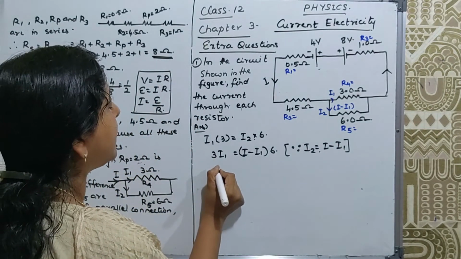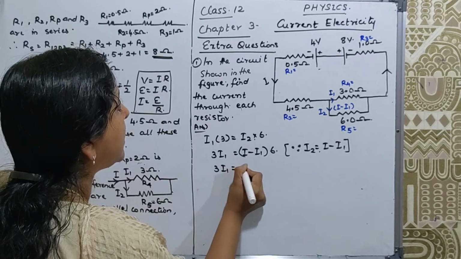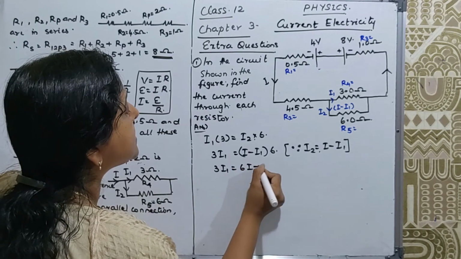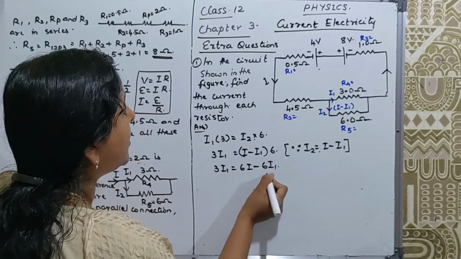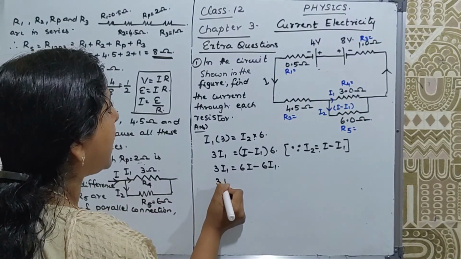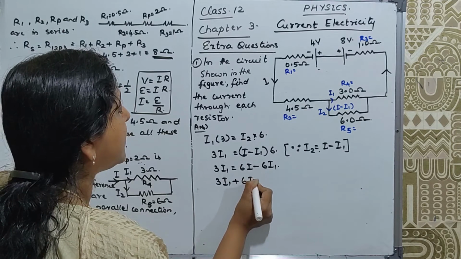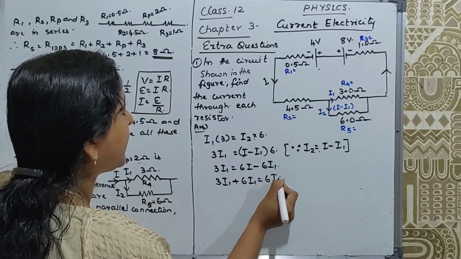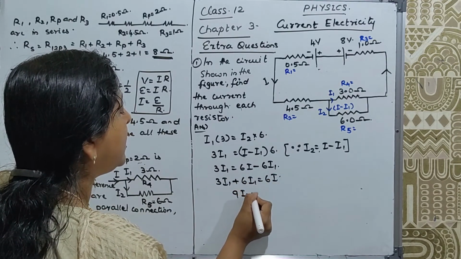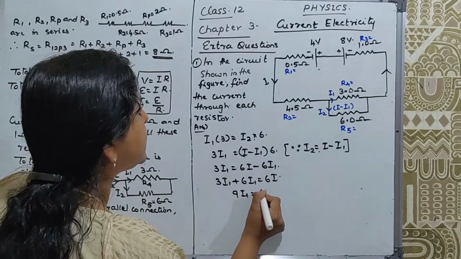Now we'll open the bracket. It is 3I1 equal to 6I minus 6I1. We'll collect the terms: 3I1 plus 6I1 equal to 6I. So 9I1 equal to 6I.